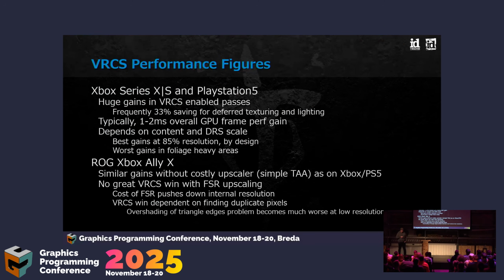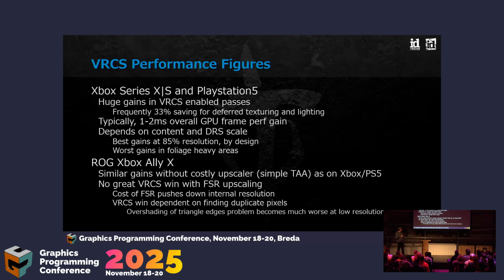So, yeah, we got some excellent performance wins across all the consoles. We were frequently saving a third of the time on the deferred texturing and the deferred lighting passes. It does depend on the content, and it does depend where you are on the DRS scale. After shipping on console, I mean, this was so down to the wire. Unfortunately, it didn't ship on PC day one, but Philip got it working shortly after shipping.